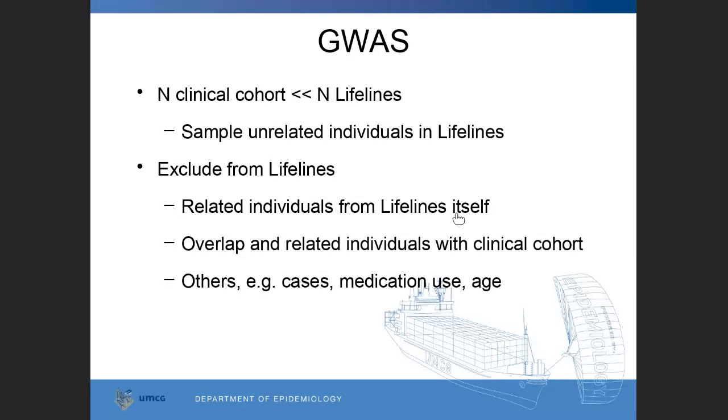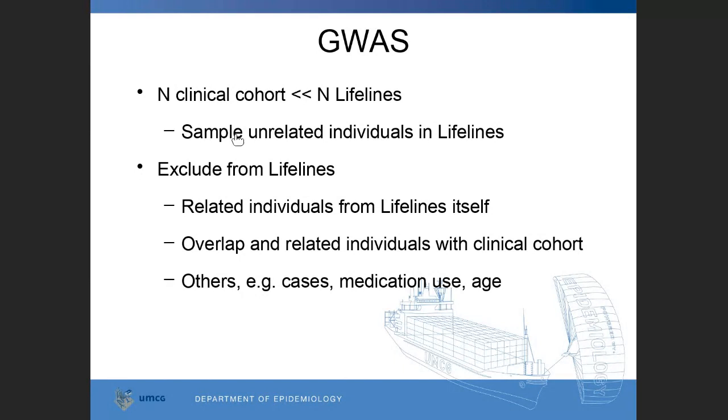And then, after combining the VCF files, you of course want to run your GWAS. So one thing to notice is that likely your sample size in your clinical cohort will be much, much smaller than that of Lifelines. So it's good, as Robert also mentioned in his presentation, if you have a high case to control ratio, that might introduce false positive results.